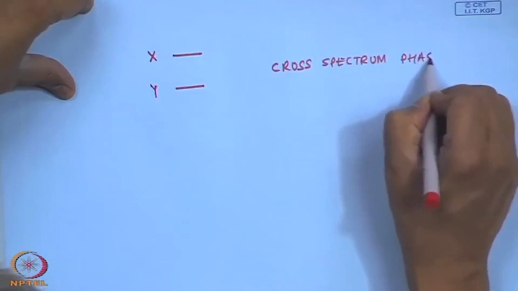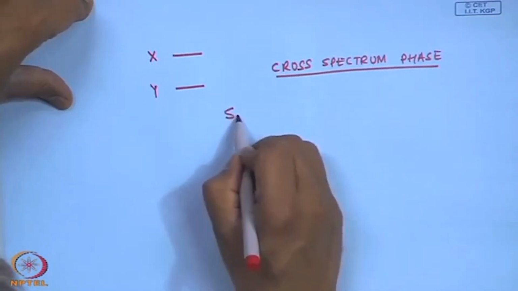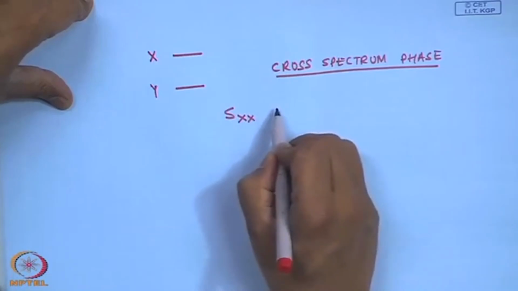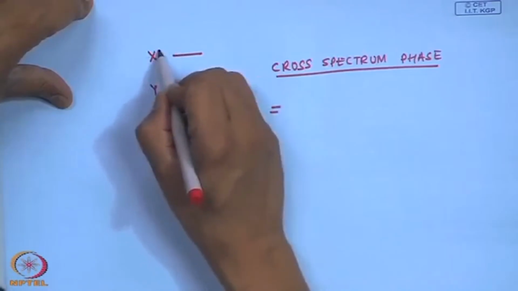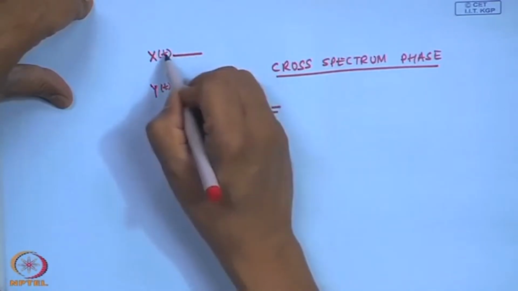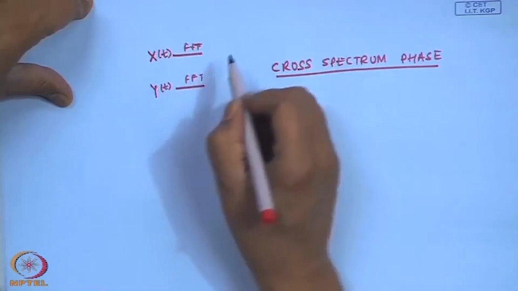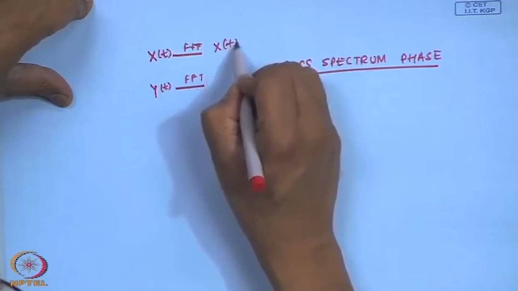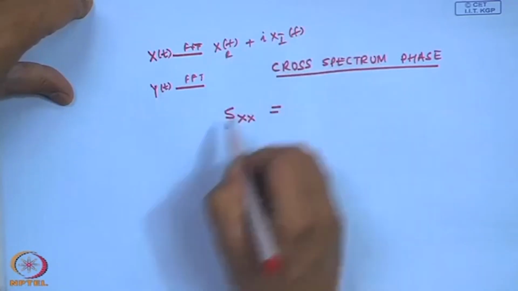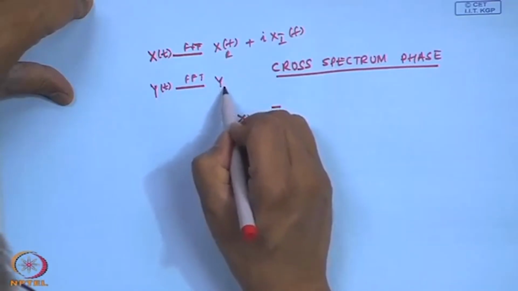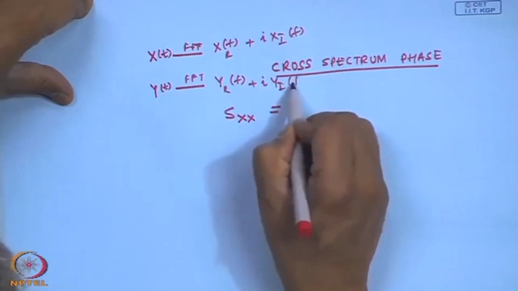So, in an FFT analyzer, I can always find out the auto spectrum Sxx. If I do an FFT of the signal x(t), I will get a signal in the frequency domain which will have a real part and an imaginary part, and similarly I will have y real in the frequency domain plus imaginary part of y imaginary in the frequency domain.